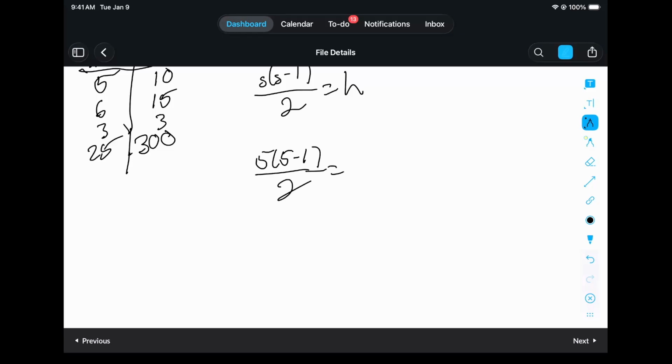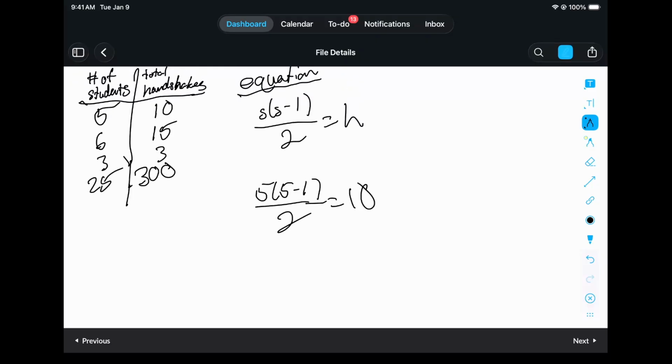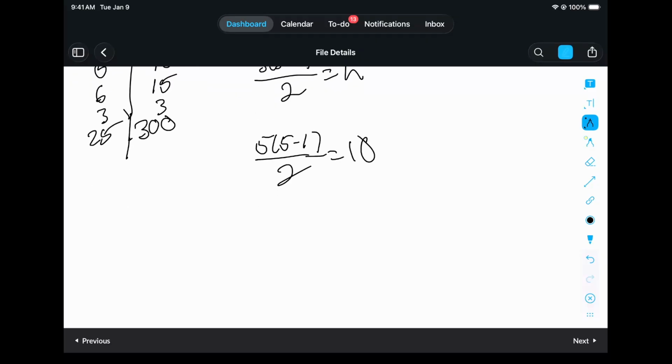5 times, so 5 minus 1. Order of operations: 5 minus 1 is 4. 5 times 4 is 20. 20 divided by 2 is 10. And that is true. The 6: 6 minus 1 is 5. 6 times 5 is 30.